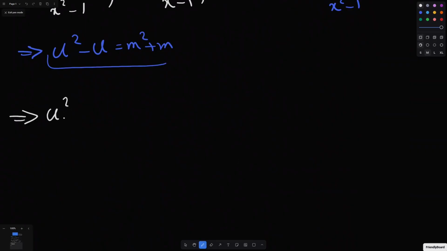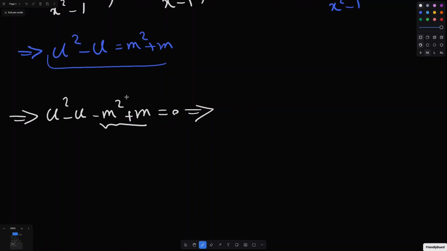If I bring the m^2 + m to the left hand side, you can just take the delta here, but why do that? There are better ways. If you are paying attention, you're looking for two roots that when multiplied by each other give minus m^2 minus m, and when added together give minus 1.